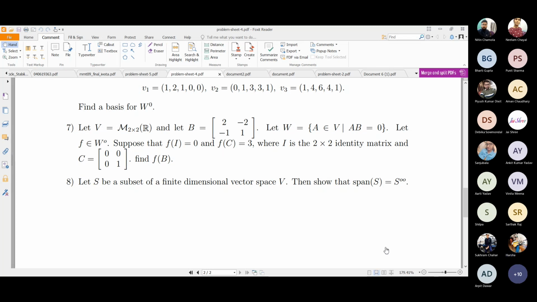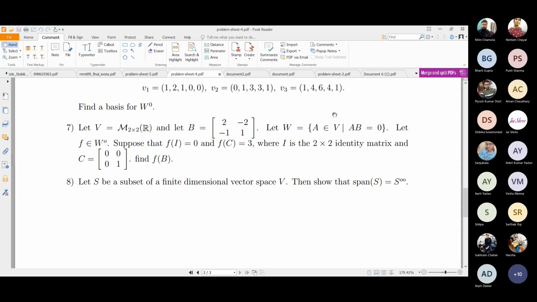Yeah. So is it clear to everyone? How will you get this? So you have to write this. So basically, you have to use these two conditions: f of I equal to 0 and f of C equal to 3. And of course, you have to see what is the kind of this matrix when you multiply.